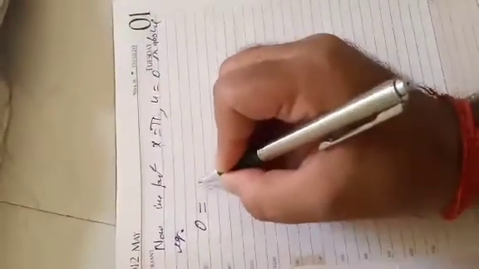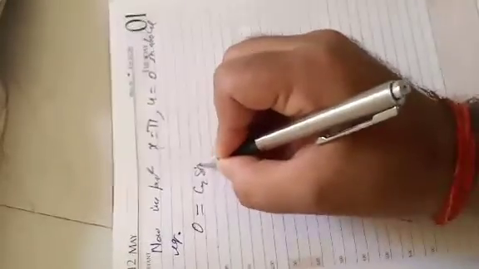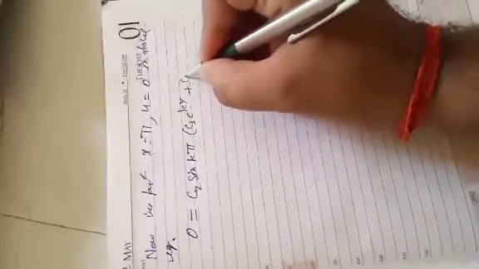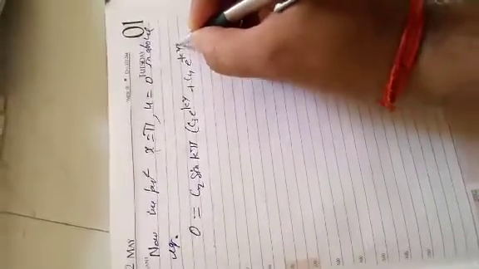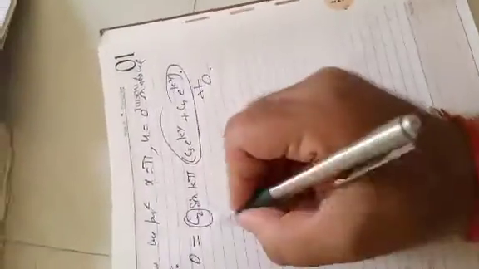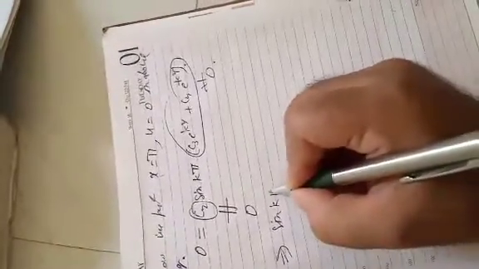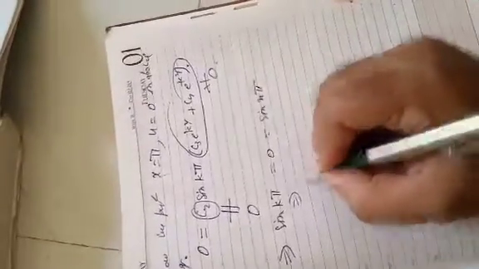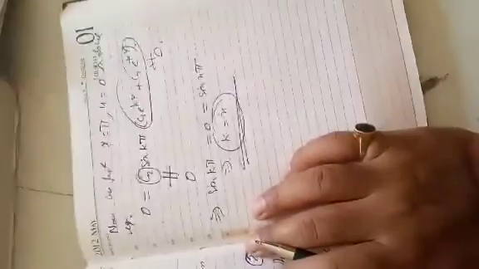So 0 is equal to c2 sin of k pi into c3 e to power ky plus c4 e to power minus of ky. This again is not equal to 0 because this is a function of y only. If c2 is 0, then the solution will be trivial, so we cannot take it as 0. So this implies that sin of k pi is equal to 0. This will be sin of n pi. This implies that k is equal to n.